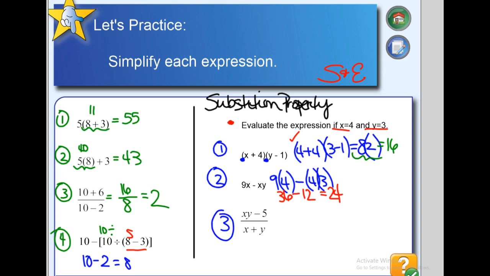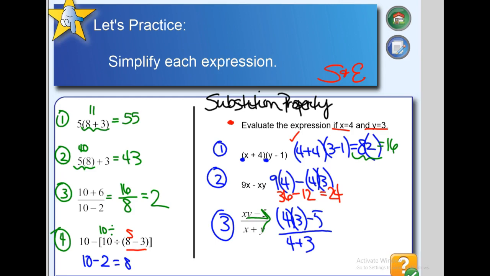Number 3, substitute and evaluate. Well, x is 4, y is 3 minus 5. And then on the bottom, we've got x plus y. So now that we've substituted, now we evaluate. Let's look at our numerator. What should we do first there? Right, multiplication's always first.